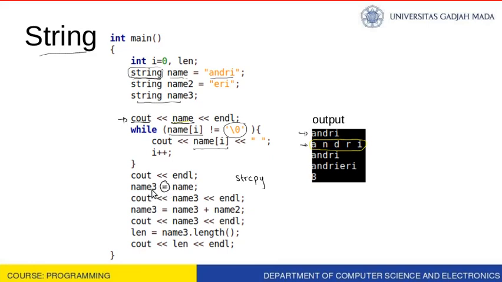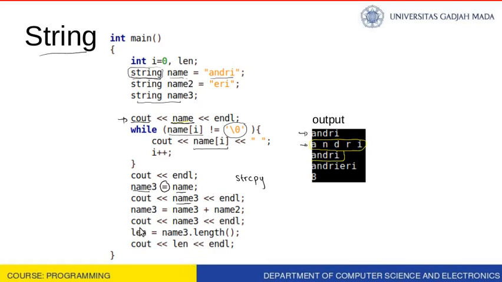So name tree is equal to name, so name tree will have the same element or value as name. So you can see here that when we cout name tree, it will have the same value as name here, the third output.